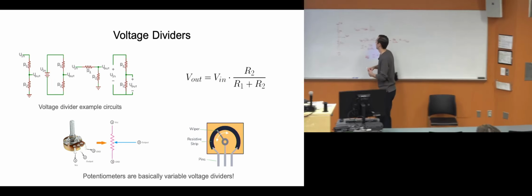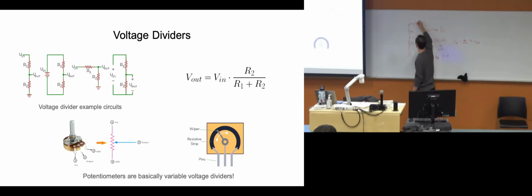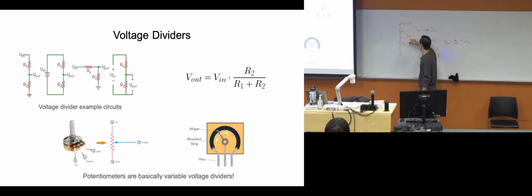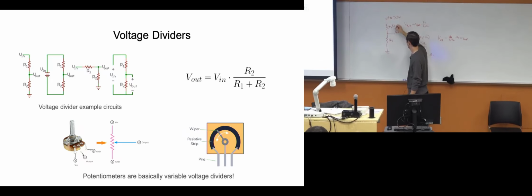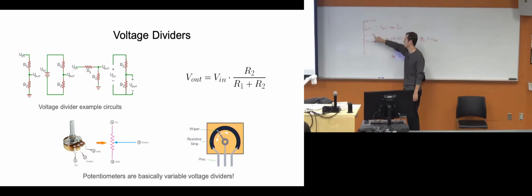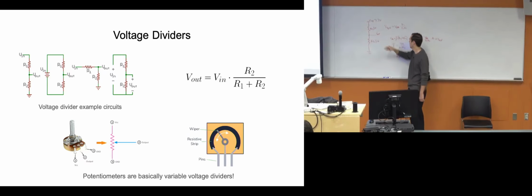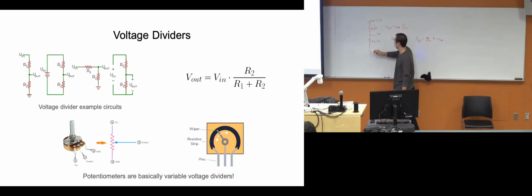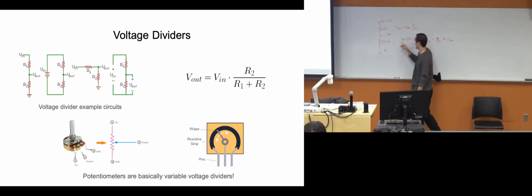Okay. So let's do a real numerical example. Okay, we have 3.3 volts here, right? Say that's 1 kilo ohm, this is 2 kilo ohms, right? We're trying to find out what V out is here, right? As I said before, VDD is equal to the current going through, so we have 0 volts here. So we know the current going from here to here is going through these two resistors.